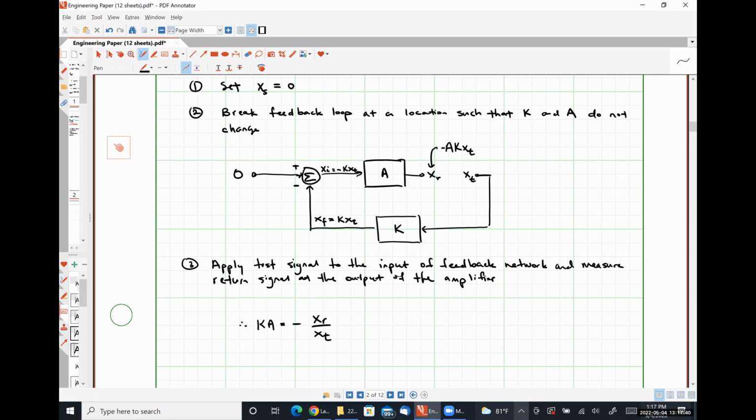So let's start with something familiar, an op-amp circuit, and use it to calculate some parameters here.